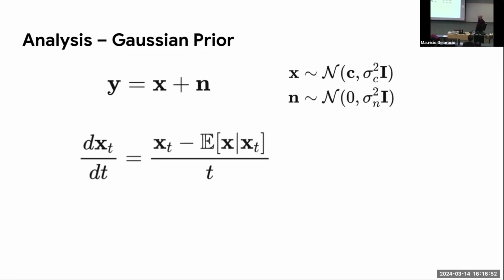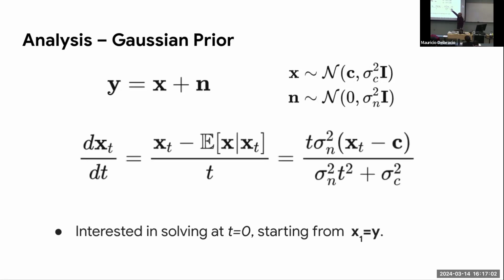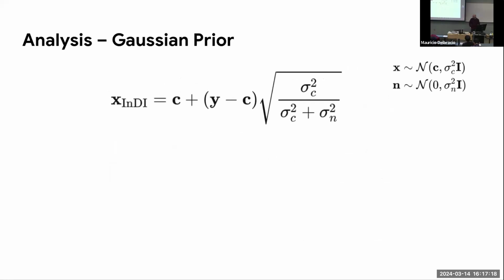Then we can actually try to compute this ODE, and in this toy example we can get it analytically. One nice thing is that this ODE is actually separable, so it's very easy to solve. What we're interested in is finding the solution starting from this point at time 0. And we can do that, and this is what we get.